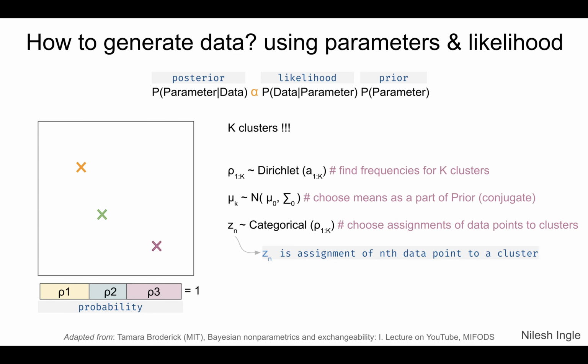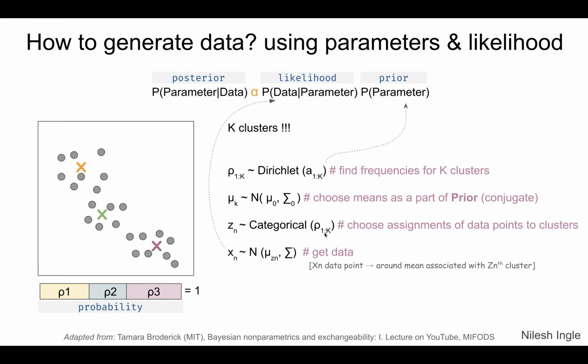Now again as before, we have Zn, which can choose assignments for data points to clusters, and that is done based on the values for probability row for each of the clusters.